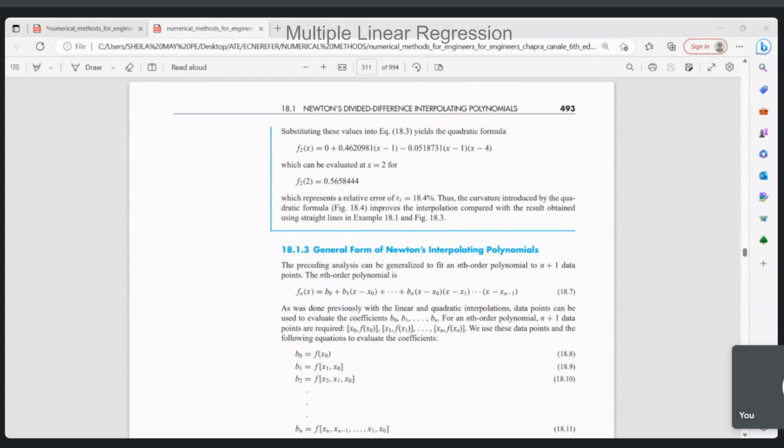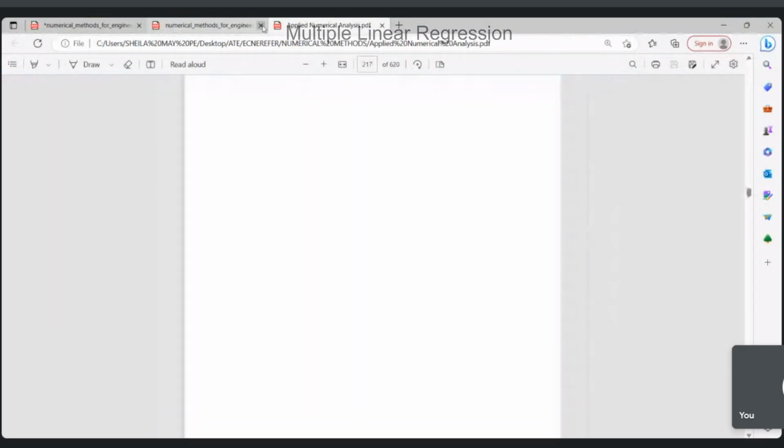Ang una, miss, kay katong sa balay gipabuhat. Ang ikaduha kay kato sa room. Okay, okay. Ang katong sa balay unsa to siya? Seat work. Activity ra to siya. Or activity quiz.